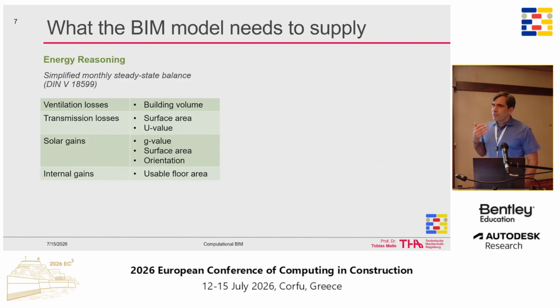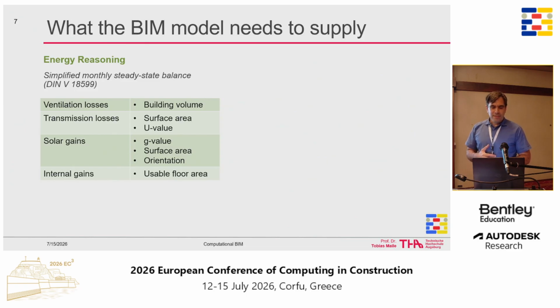For these monthly energy calculations, we have four main topics: ventilation losses, transmission losses, solar gains, and internal gains. For those four topics, we have some properties that we need to get out of the BIM model. For ventilation losses, this is mainly building volume. For transmission losses, this is the surface area of all external building elements and their U values.